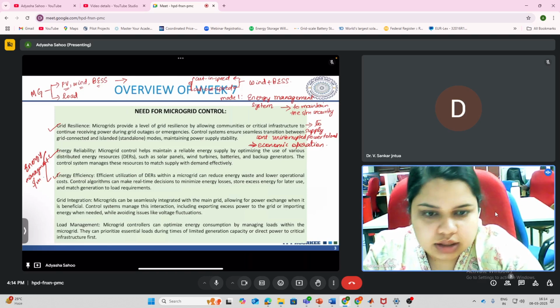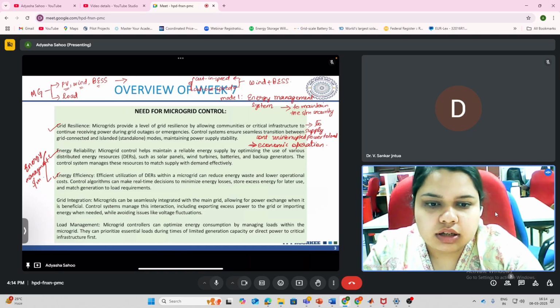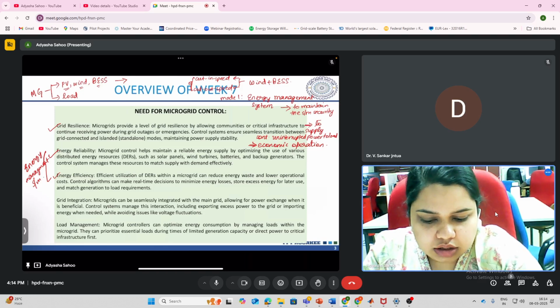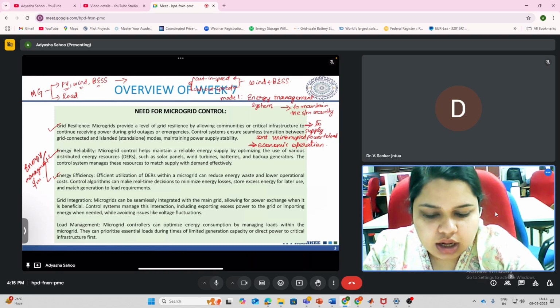To maintain the system security, you have various control actions that give reference signals to the various converters and inverters to keep the voltage and frequency attributes within the allowable limits. And obviously, you need to ensure uninterrupted power supply to the load, and meanwhile you also supply the power ensuring an economic operation.